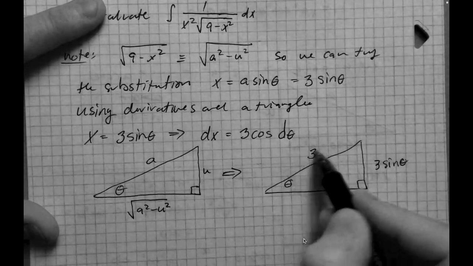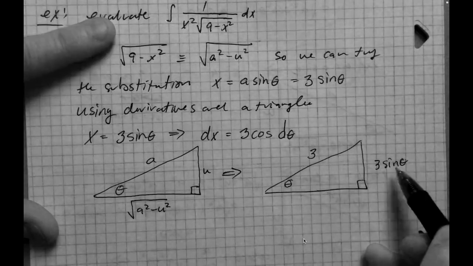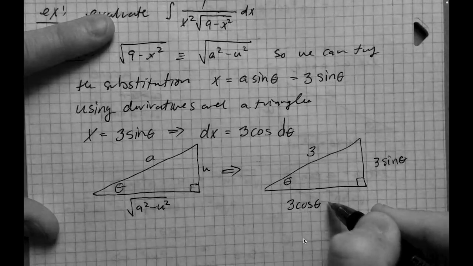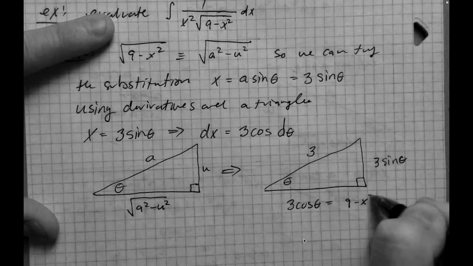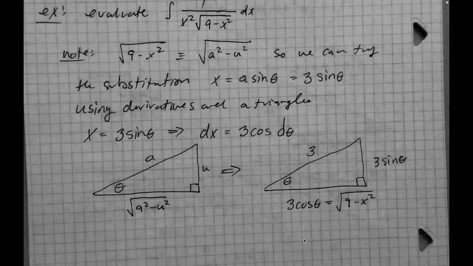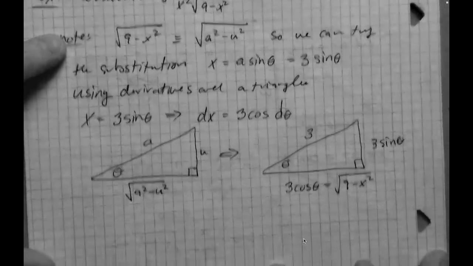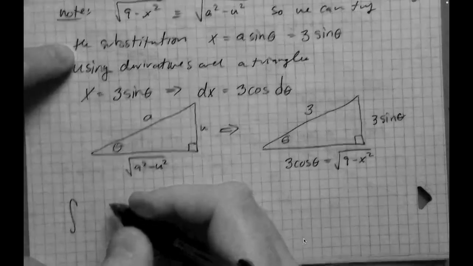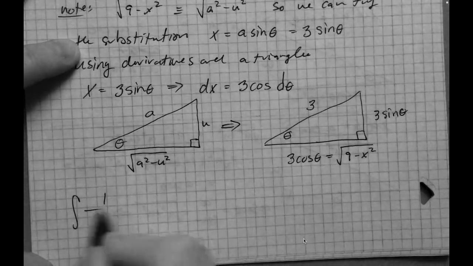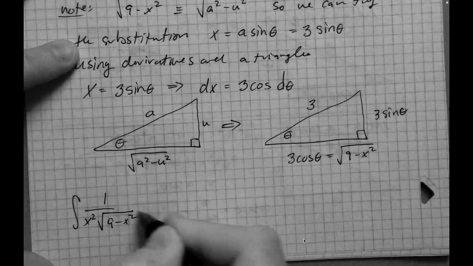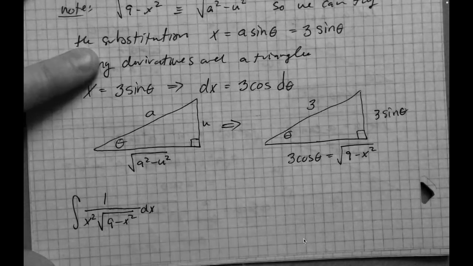So our a is 3, u is 3 sine theta, and so this is 3 cos theta, which is equal to the square root of 9 minus x squared. All right, so we've got a lot of substitutions here. Let's see what we can do with our integral: 1 over x squared times the square root of 9 minus x squared dx.